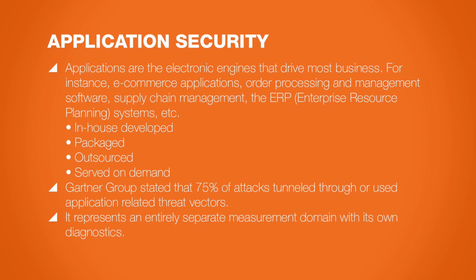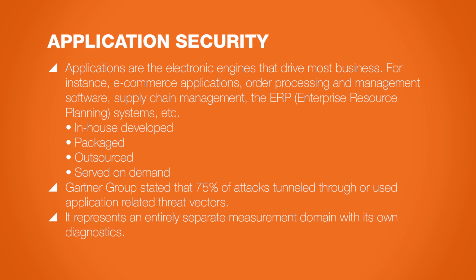Applications are the electronic engines that drive most business. For instance, e-commerce applications, order processing and management software, supply chain management, and ERP, enterprise resource planning systems, etc. Applications can be in-house developed or could be packaged or outsourced or served on demand, such as on-premise or in the cloud.